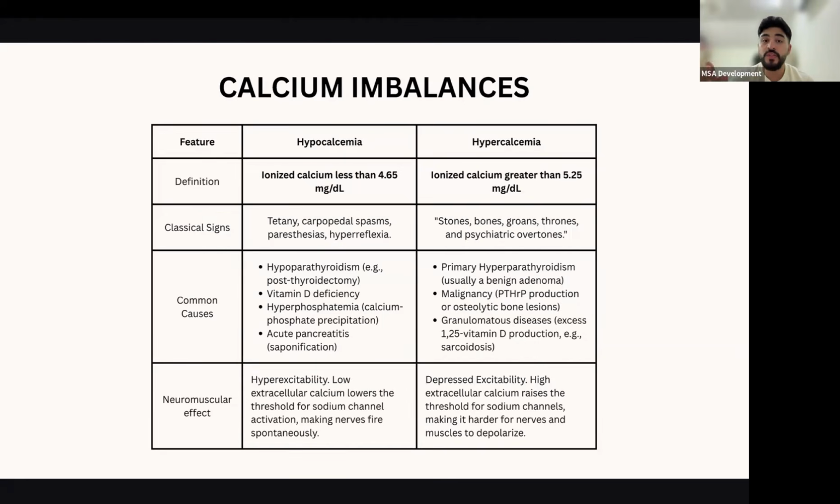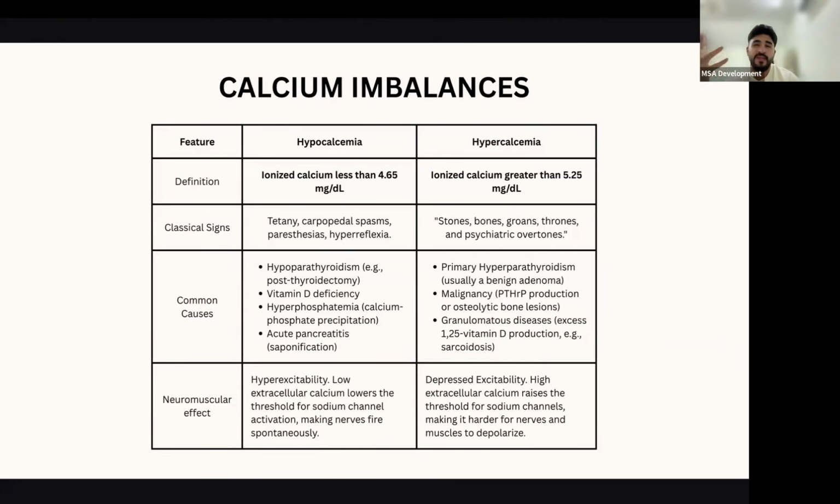So the patient will present with tetany. They can also have muscle spasm, carpopedal spasm, paresthesia, and hyperreflexia. When do I see it? Number one, you'll see it in hypoparathyroidism.